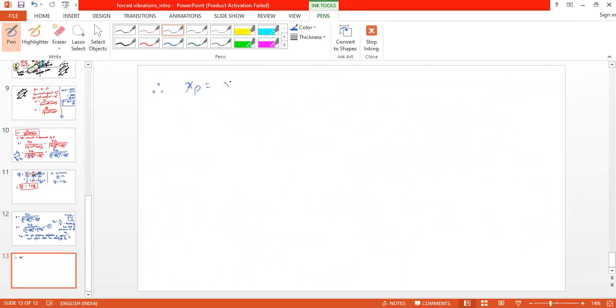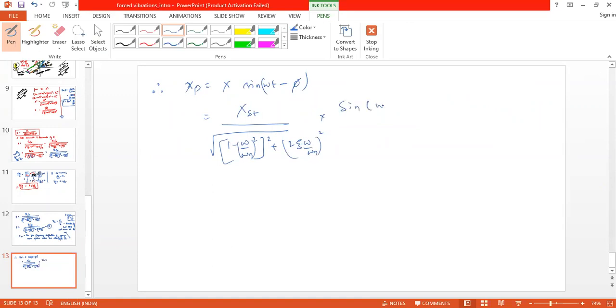Therefore, x(t) is equal to X sin(omega t minus phi), and that is equal to x_st divided by root of [1 minus (omega by omega n) whole square] whole square plus [2 zeta omega by omega n] whole square, multiplied by sin(omega t minus phi).